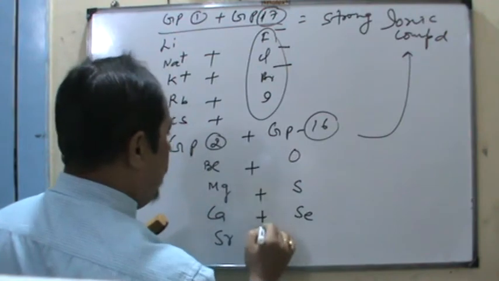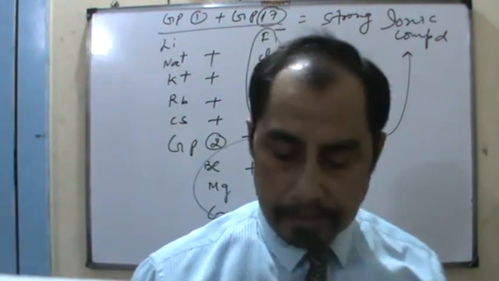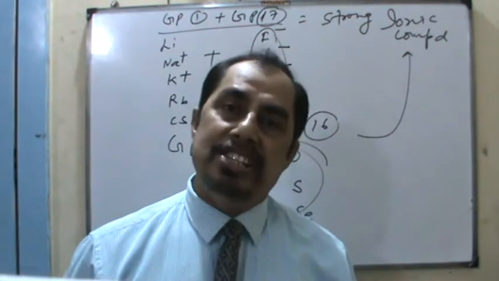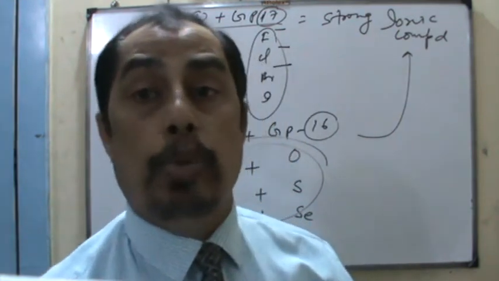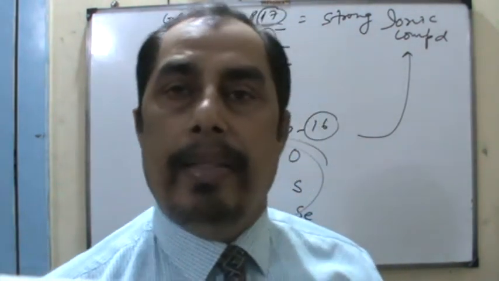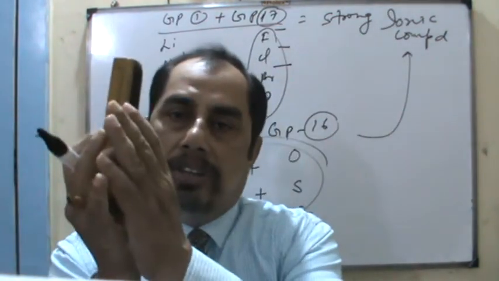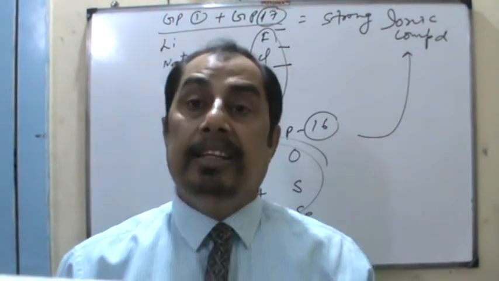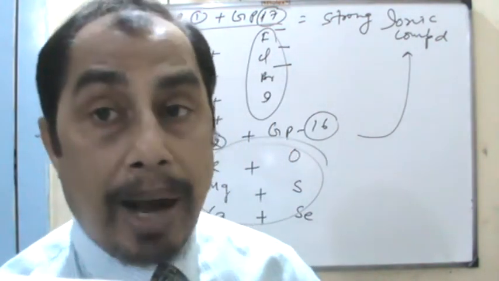So far as it is difficult to lose 3 electrons and difficult to gain 3 electrons, that is why they are predominantly covalent but partially ionic. But once the metal loses 1 electron and the non-metal gains 1 electron, like NaCl, KCl, cesium chloride, they form a very, very strong ionic compound.